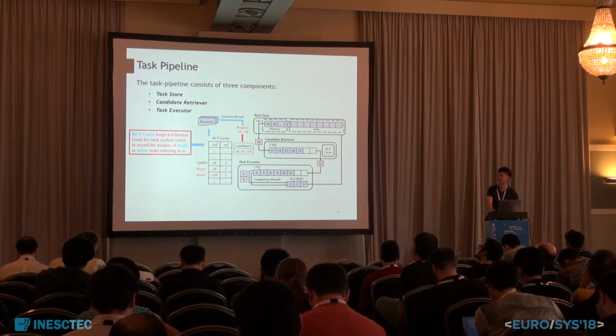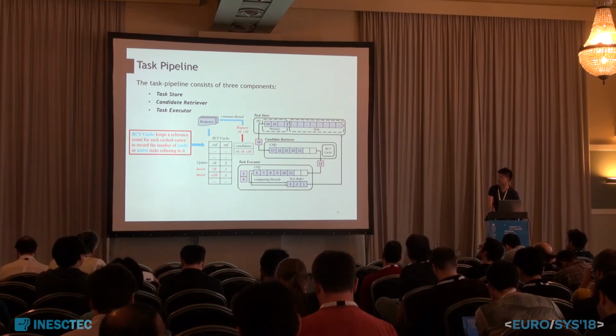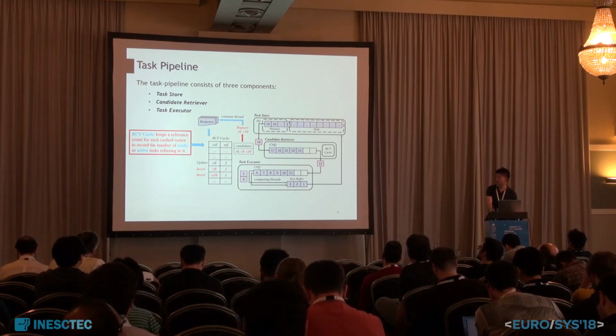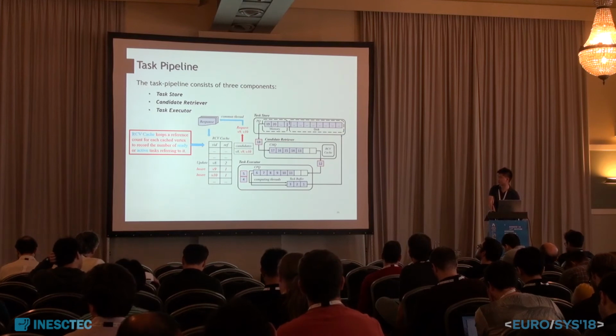Instead, we will move it to the tail of the cache. Because one property brought by the priority queue is that even if a cached vertex has no referring task now, it still has some probability to be referred to again by a following task.